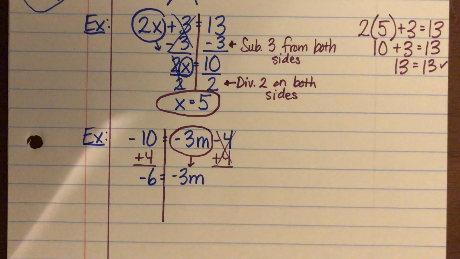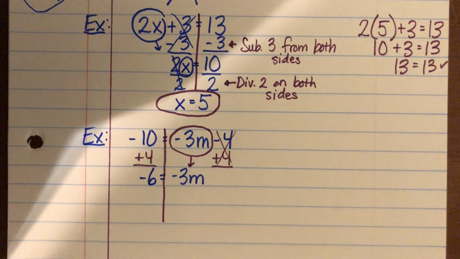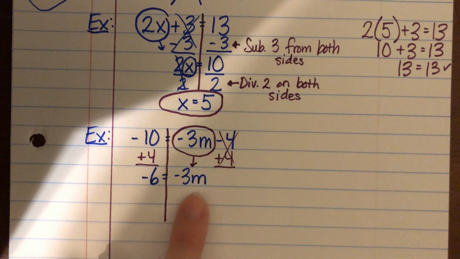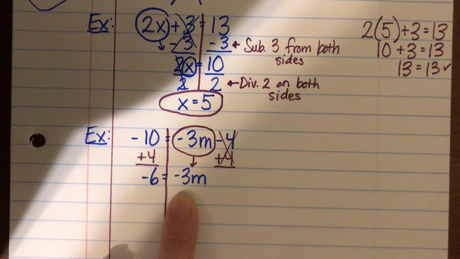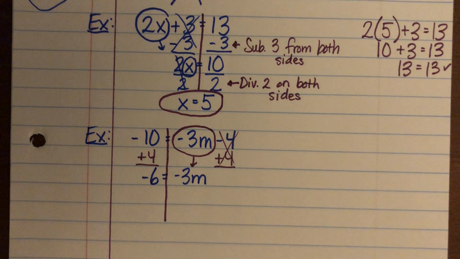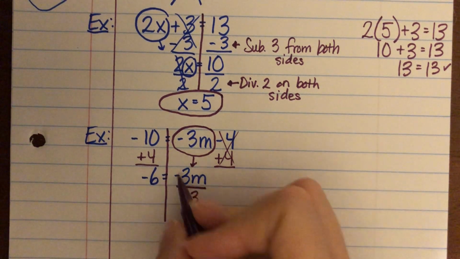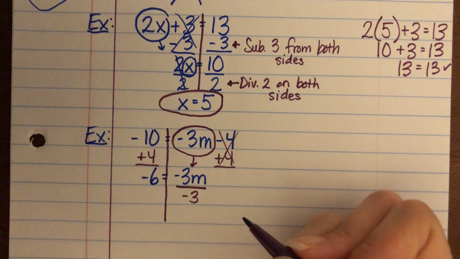All right. Now when I look at this problem, I can see that I have one operation left. I'm multiplying my variable times negative 3. Well, the inverse operation for multiplying by negative 3 is dividing by negative 3. One common mistake here is people will forget to do the negative as well. They'll just divide by 3.